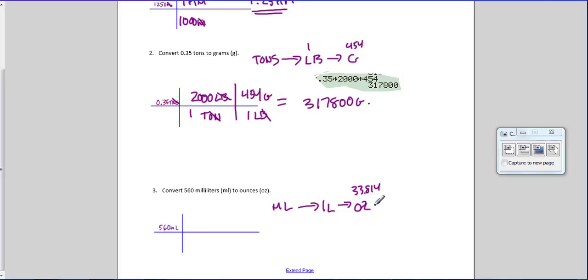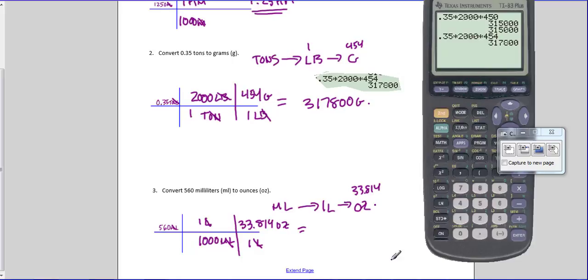And then ounces, I'm almost done here, so I just need to do 2 steps. So for every 1,000 milliliters, I put milliliters down here to cancel out milliliters here. I know that's 1 liter. Then I know the bridge conversion for every 1 liter, now liters cancel out, that's 33.814 ounces.